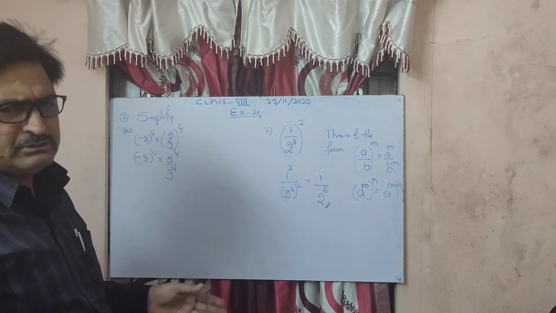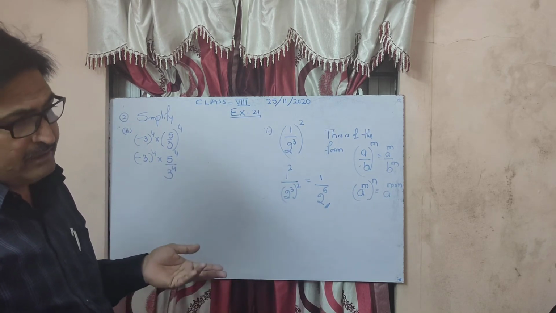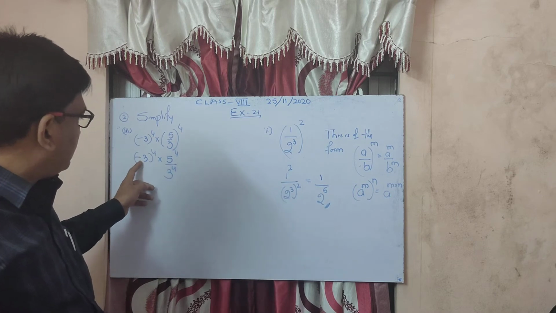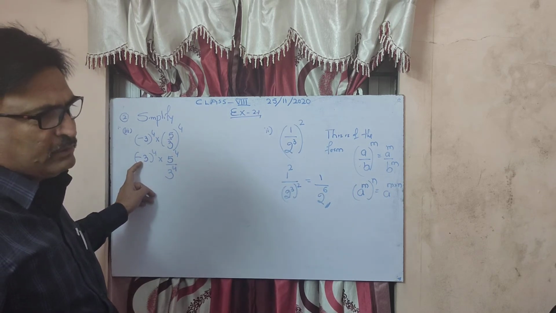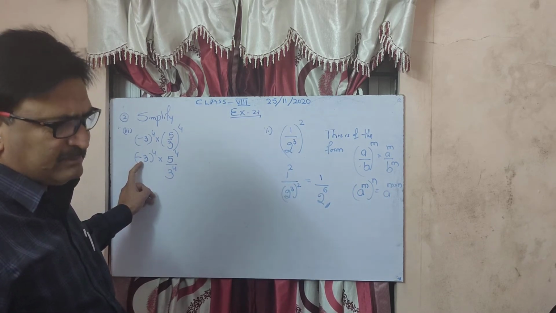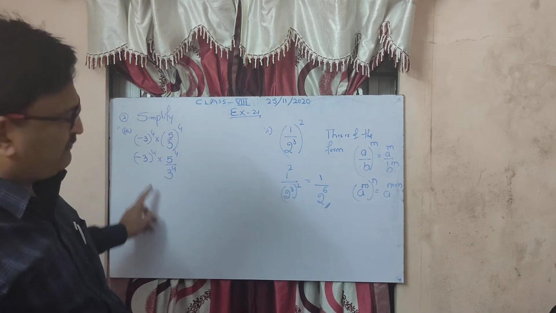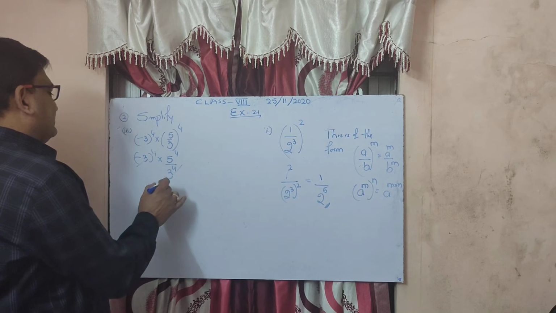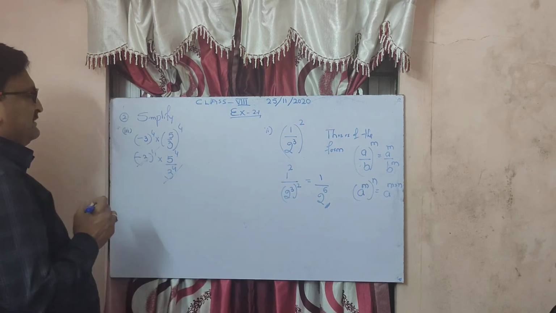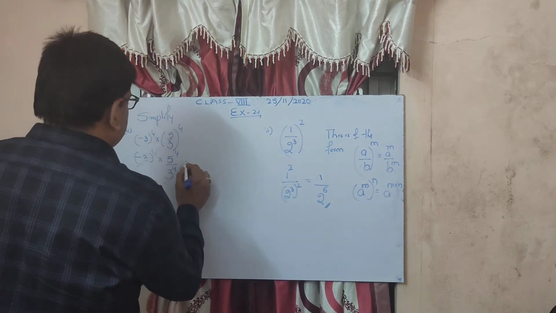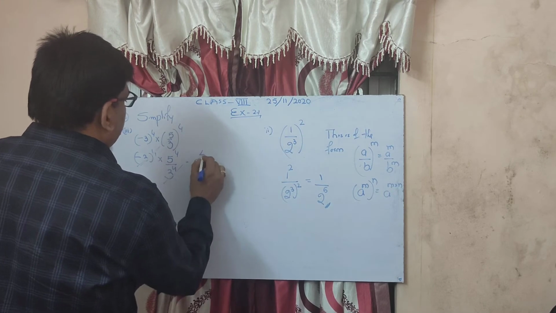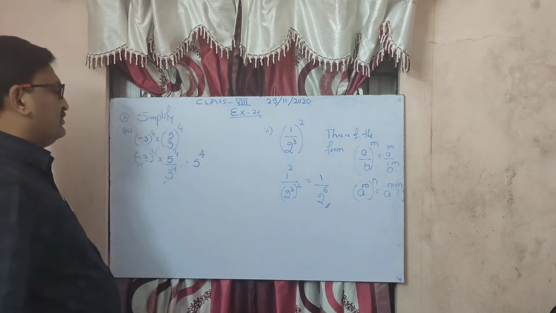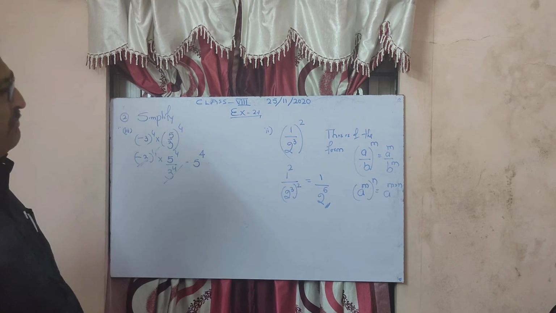If the number is positive, the result will be positive. So you can directly cancel this and this. So what remains? 5 to the power 4. That's it.